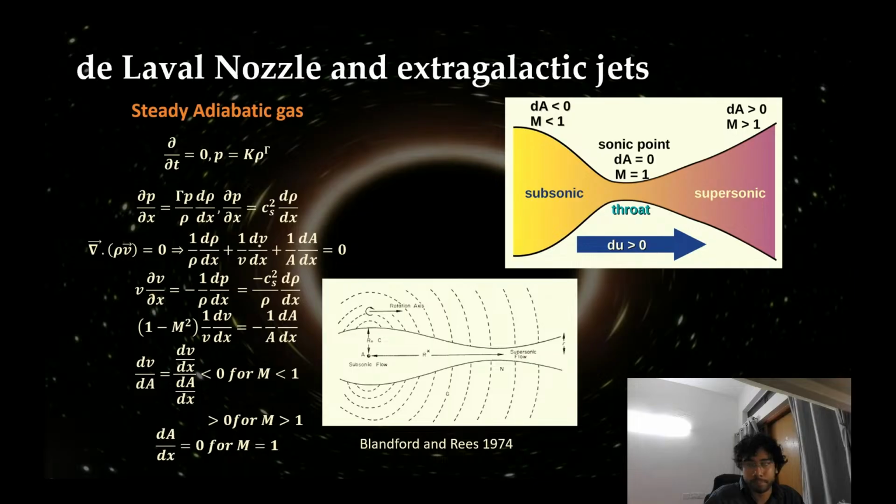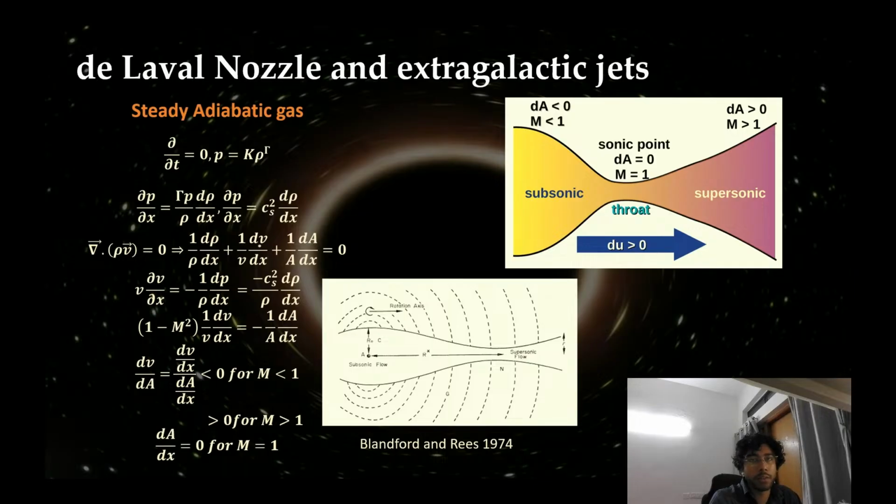accelerating the fluid, right? So this was the de Laval nozzle mechanism for launching these supersonic jets, which get emitted from these accreting systems, right? So Blandford and Rees used this mechanism to explain why we see these extragalactic jets coming from almost all galaxies, right?